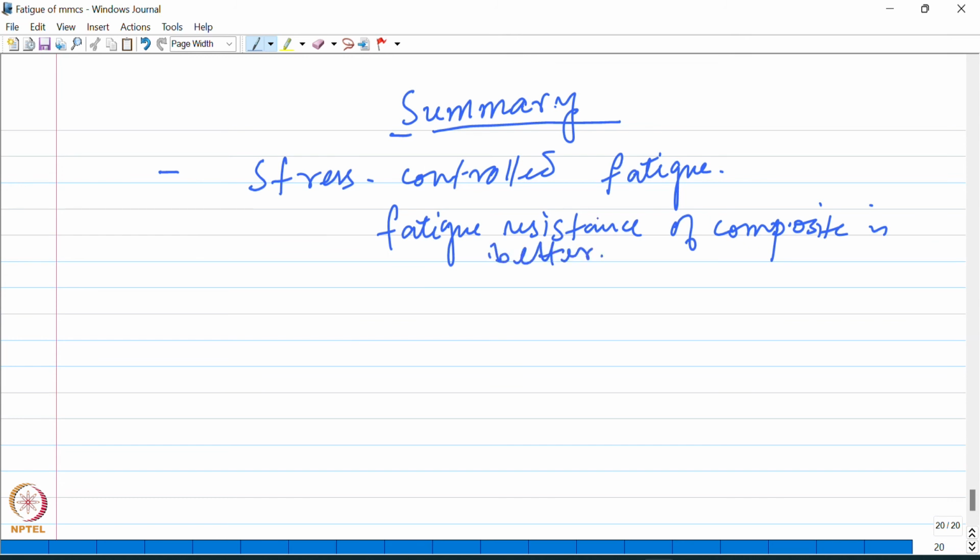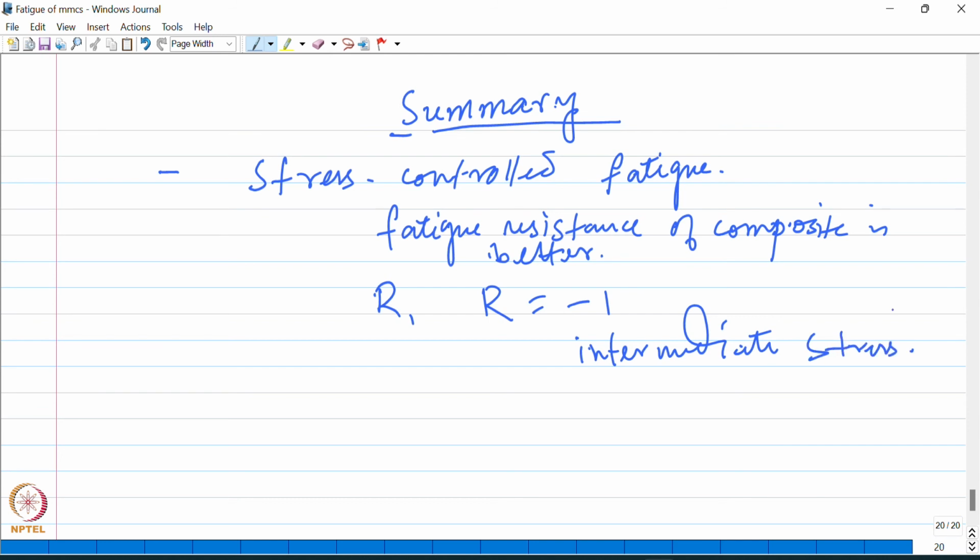The difference of fatigue lives between the composite and the unreinforced matrix depends on the value of the stress ratio R. When R is equal to -1, that is the fully reversed loading condition, we have seen that the fatigue lives differ most prominently in the intermediate stress range.